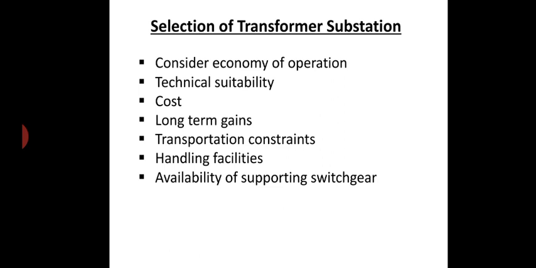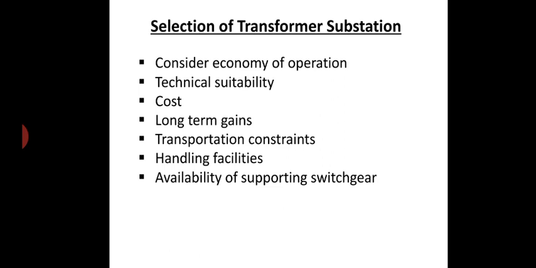And availability of supporting switchgear. What are the supporting switchgear for a transformer? That is the lightning arrestor, air brake switch or vacuum circuit breaker, CTPTs. These switchgear should be available near the transformer, on the primary side of the transformer.